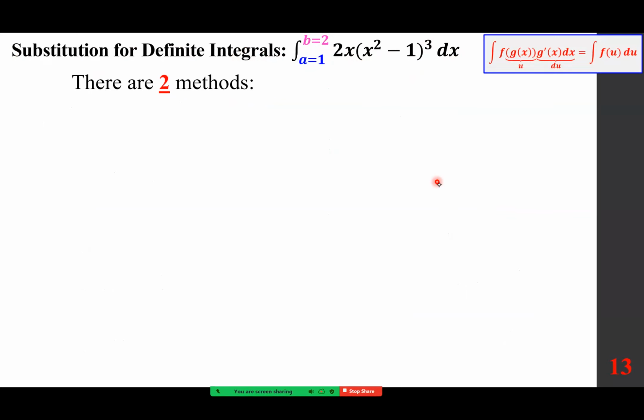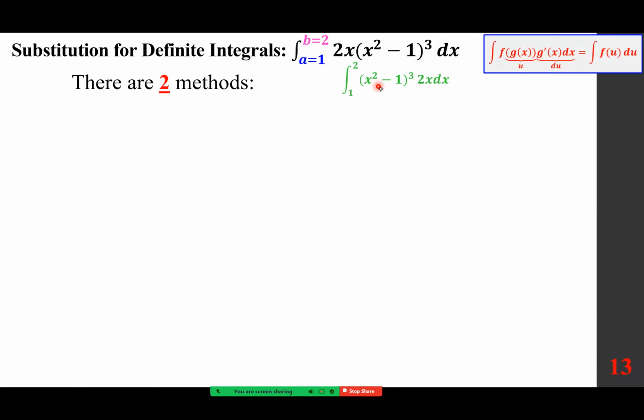So first and foremost, I'm going to move the 2x next to dx so it becomes clear what I'm dealing with. And as always, if you're dealing with polynomials, the more complicated one, in this case x squared minus 1, is a choice of u. And its derivative is 2x, therefore du is 2x dx.